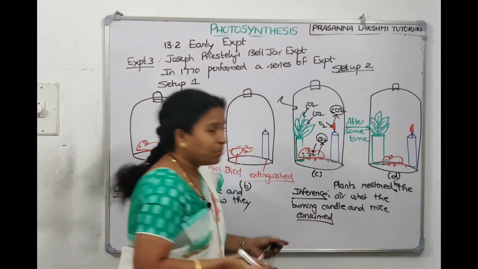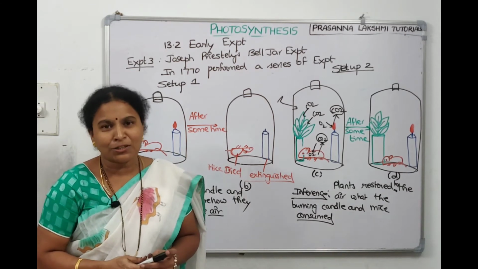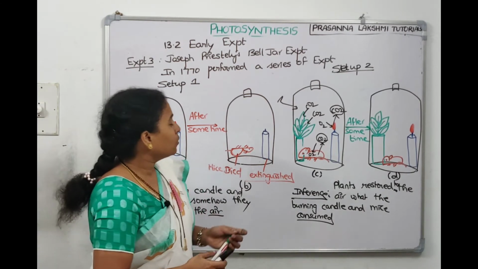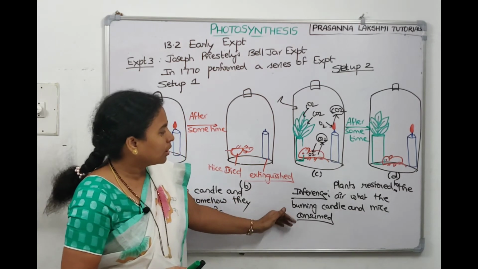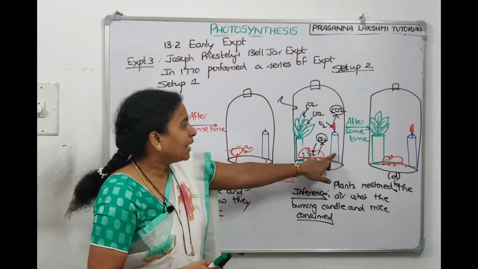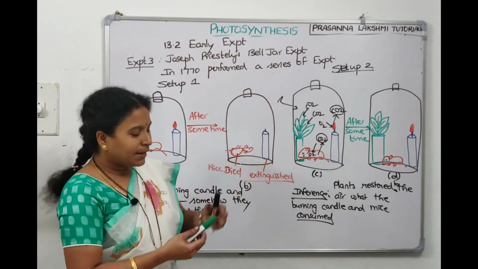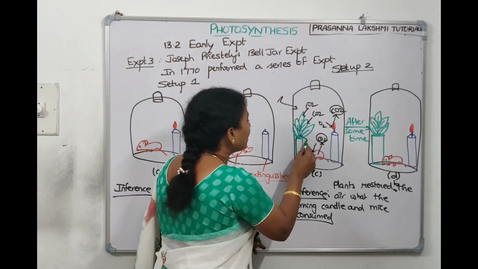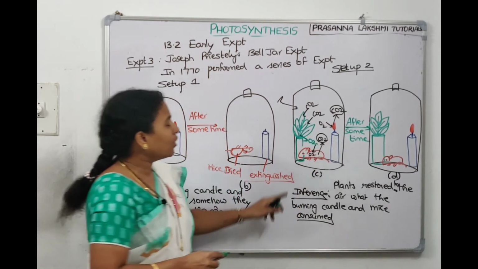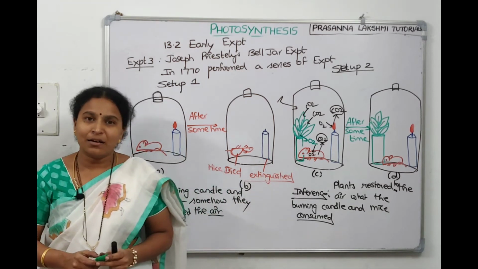What did they consume? Later on we know, but at that time oxygen is not known, carbon dioxide is not known, the process is not known. So at that time he just told whatever the mice and the burning candle have consumed, the plant has restored it. Plant will take carbon dioxide and what will the plant release? It will release oxygen. With that oxygen, mice also will be alive and candle also will stay lit.